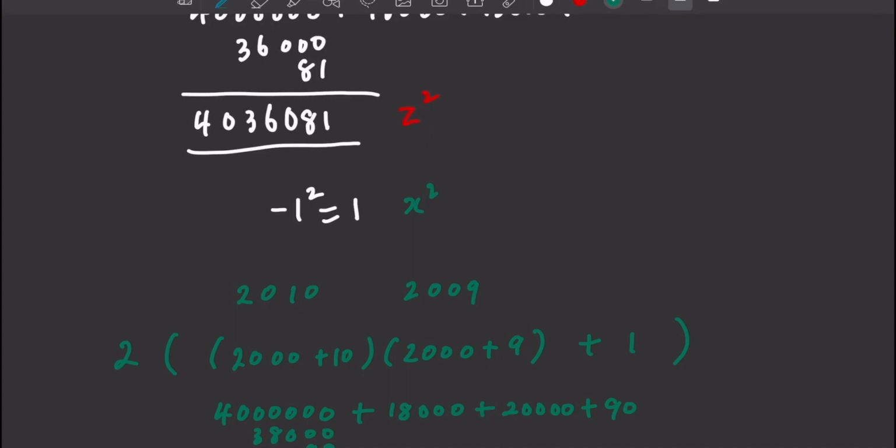So now we have to add 1 to that. So we get 4,038,091. And we're going to times that by 2. So that's 8,076,182.